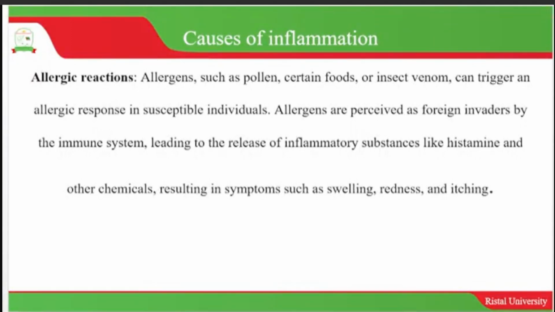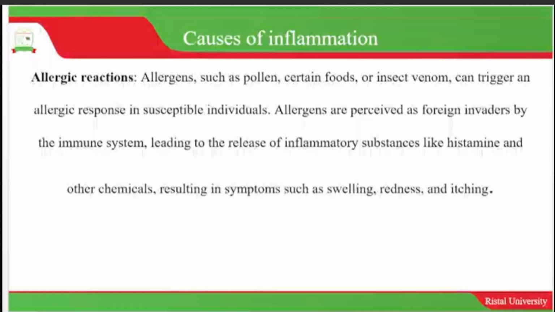So we are saying the body, when it encounters these foreign particles or allergen factors, perceives them as invaders, and therefore, as I had said, the immune system sees them as foreign particles which should not be within the body, and therefore there is need to fight against them.